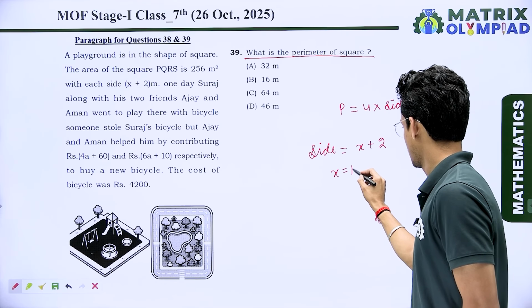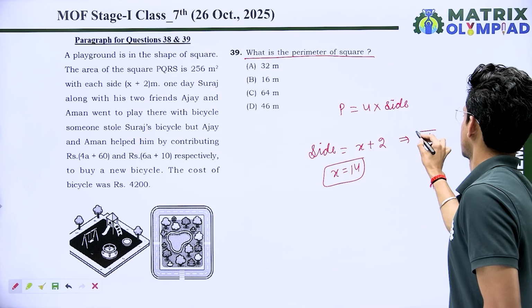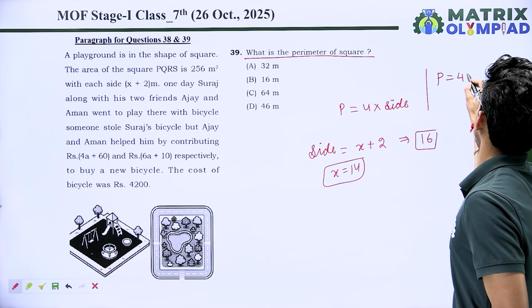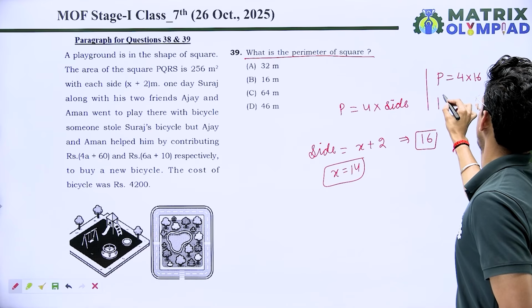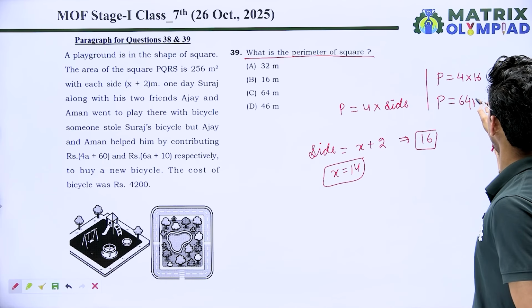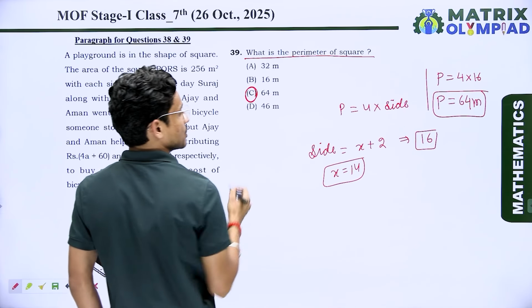So when we put x equal to 14, the side is 16. So the perimeter is 4 multiplied by 16, that is 64. The unit is meter, so 64 meter. It means option number C is the correct answer over here.